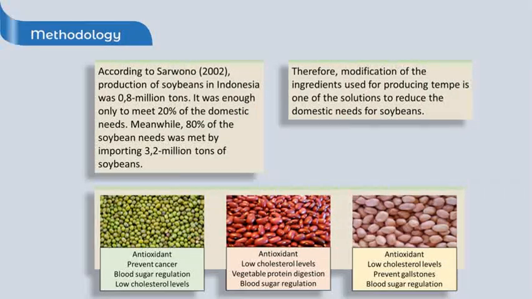According to Sarwono 2002, production of soybean in Indonesia was 0.8 million tons. It was enough only to meet 20% of the domestic needs. Meanwhile, 80% of the soybean needs was met by importing 3.2 million tons of soybean. Therefore, modification of the ingredients used for producing tempe is one of the solutions to reduce the domestic needs for soybean.